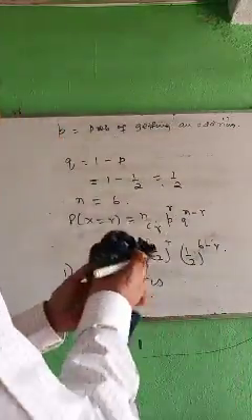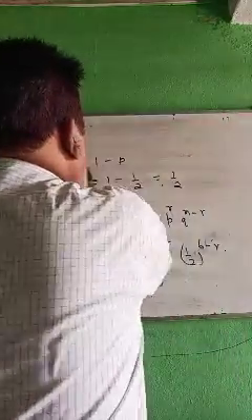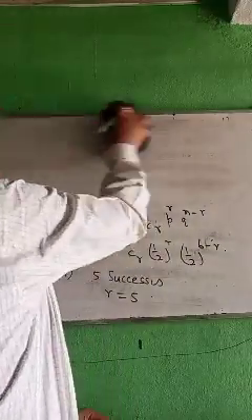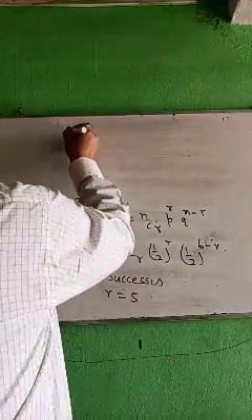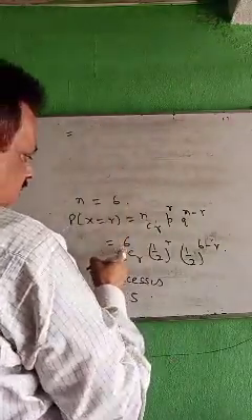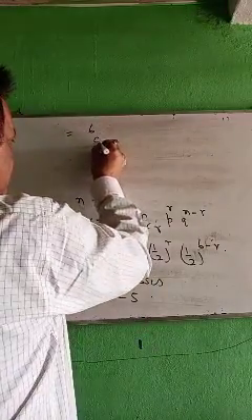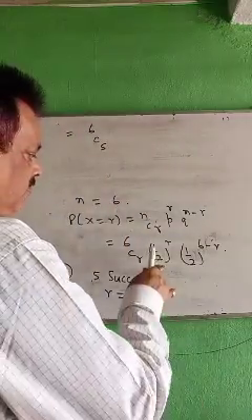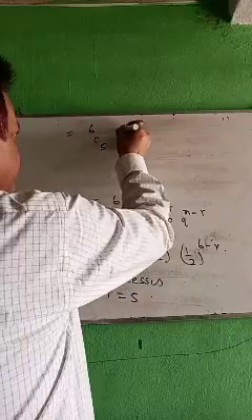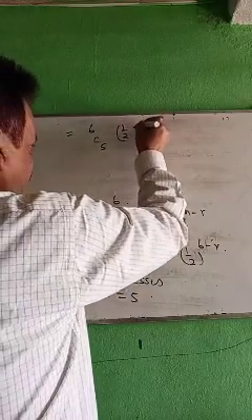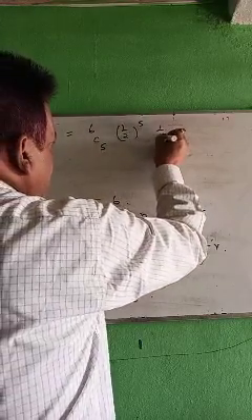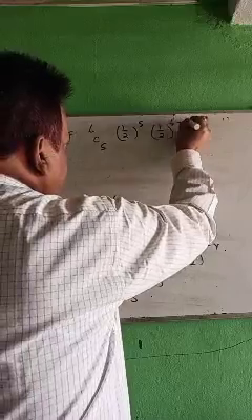So you will get 6C5 times 1 by 2 to the power 5 times 1 by 2 to the power 6 minus 5.